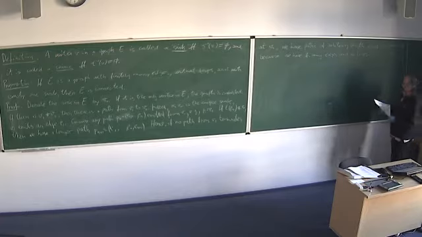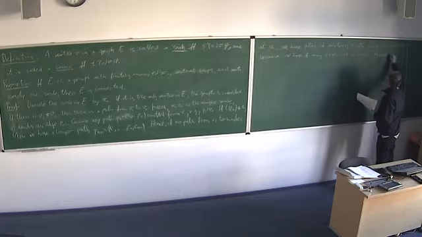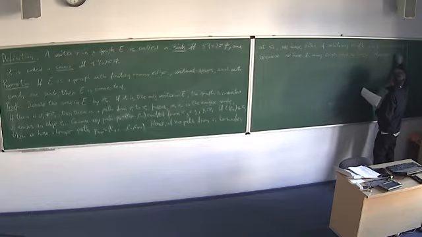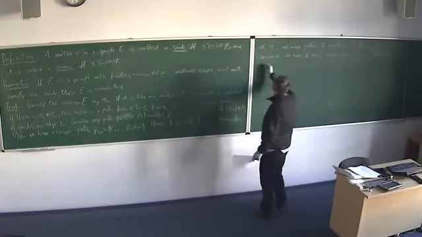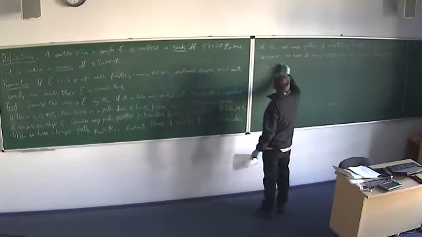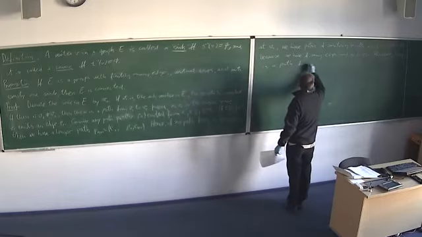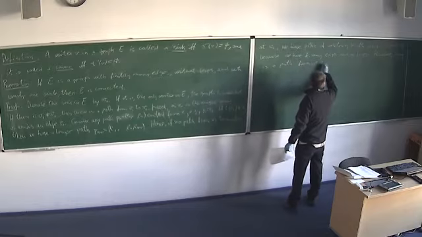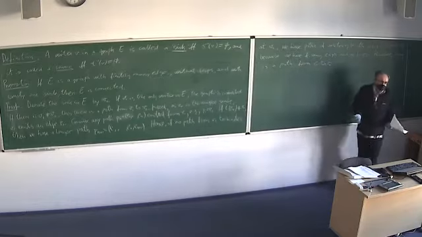So therefore, as claimed, there is a path from V1 to V0. And now it's obvious how I end it, right?